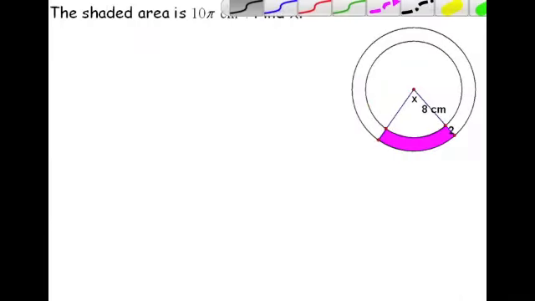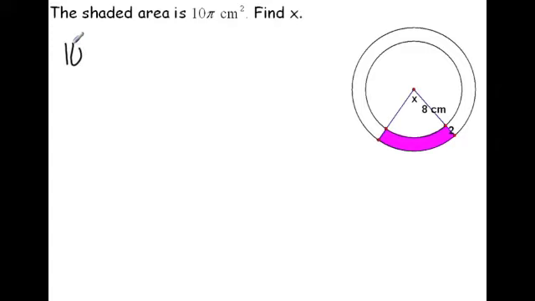Here's a harder problem that we will work through together. We're working backwards to find the central angle. So we know the area of the shaded region is 10 pi, and so we're going to take the area of the larger sector, which will be x over 360 times pi times 10 squared, minus the area of the smaller sector, which is going to be x over 360 times pi times 8 squared.